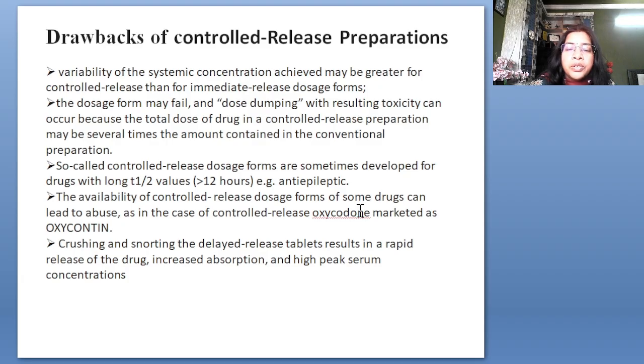The availability of controlled release dosage forms of some drugs can lead to abuse, as in the case of oxycodone, marketed as OxyContin. Crushing and snorting the delayed release tablets results in a rapid release of the drug, which enhances absorption, and high peak concentrations are achieved.